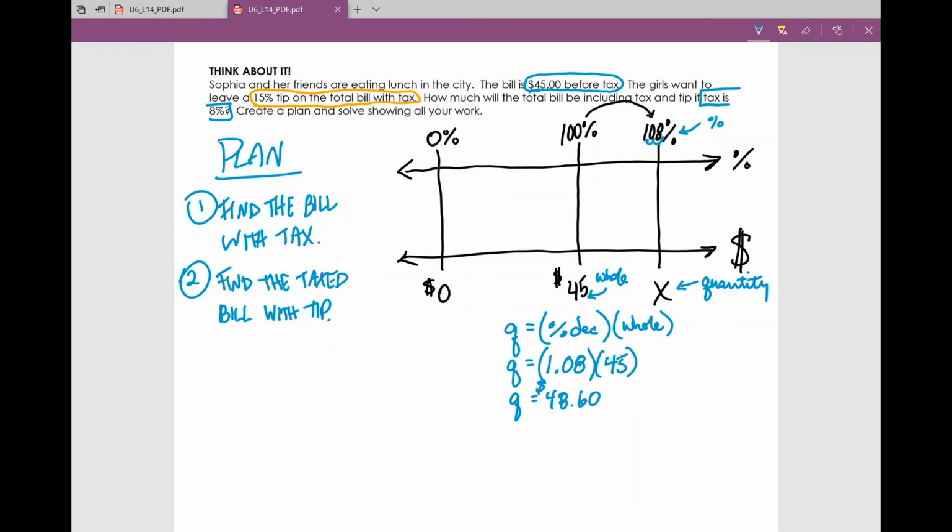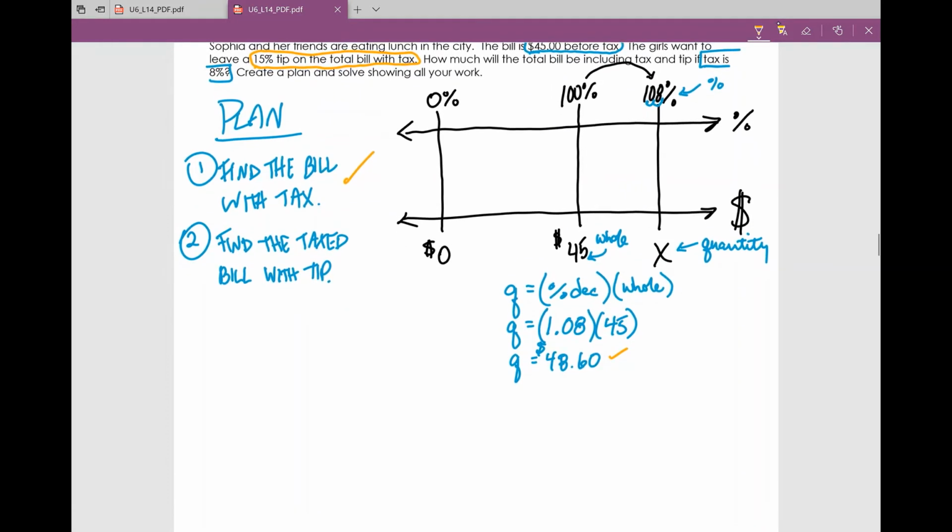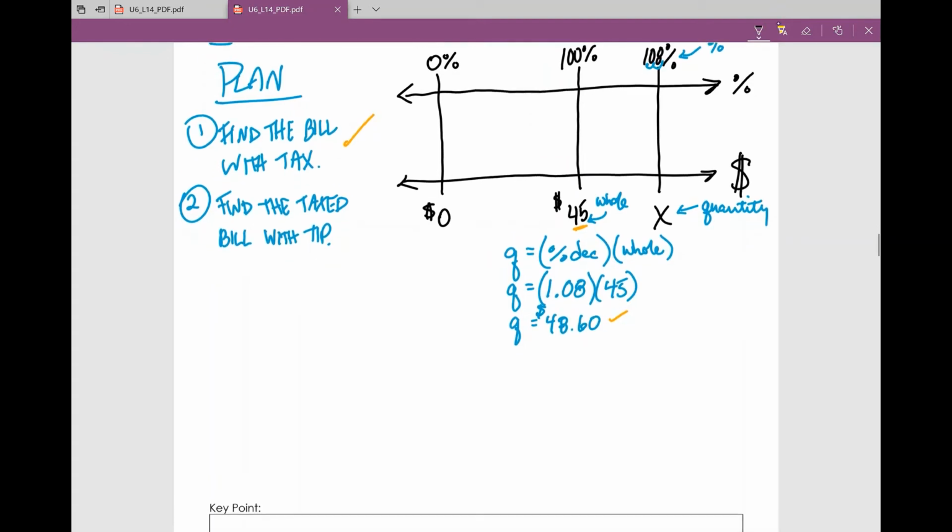So that was step 1 that we just did. This is our bill with tax. It says find the taxed bill with tip. So if I'm finding the tip on the taxed bill, am I going to use this $45? No, what am I using as my whole now? I'm using the quantity that I just found.